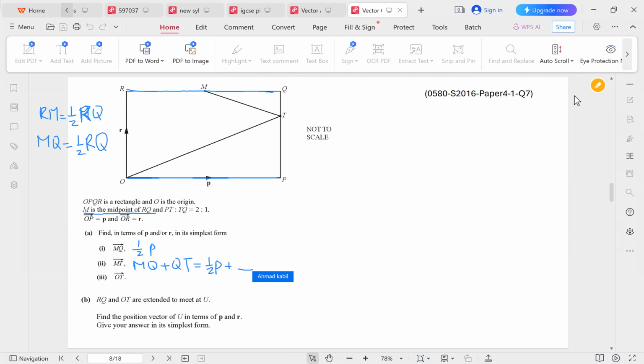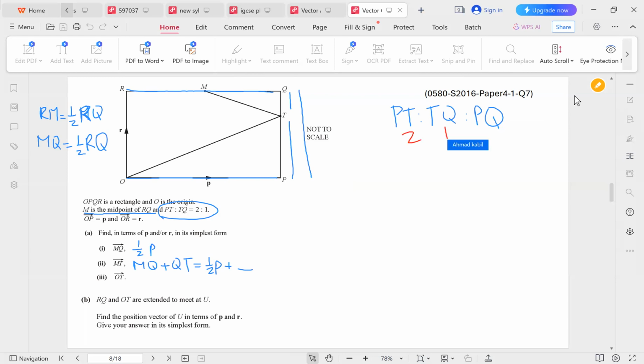Now, in order to find QT, we're going to utilize the ratio here. We have PT and TQ. So we have a segment PT, a segment TQ, and the total segment. We can write down the ratio PT to TQ to PQ. We are given that PT to TQ is 2 to 1, so this is 3.